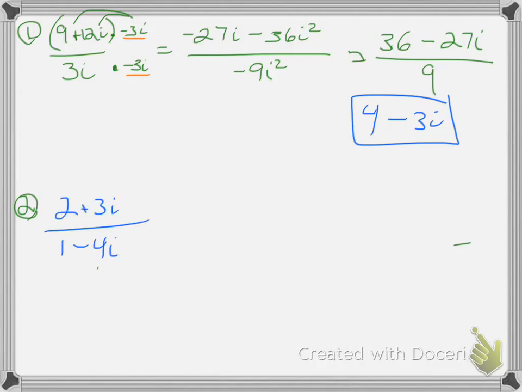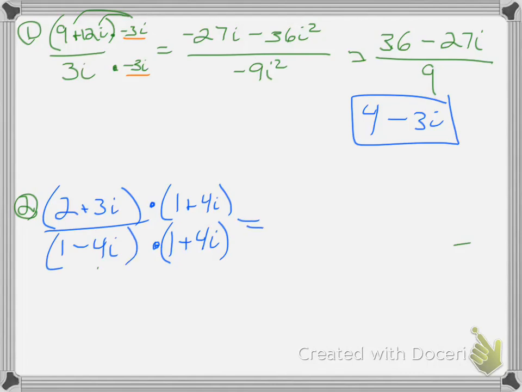Okay, so here's one where my denominator is a binomial with the real part and the imaginary part. I'm still going to multiply by the denominator's conjugate, which is 1 plus 4i. And when I do so, I'm multiplying a binomial with a binomial, so I'm distributing twice. 2 plus 8i plus 3i, that's there, and then plus 12i squared.